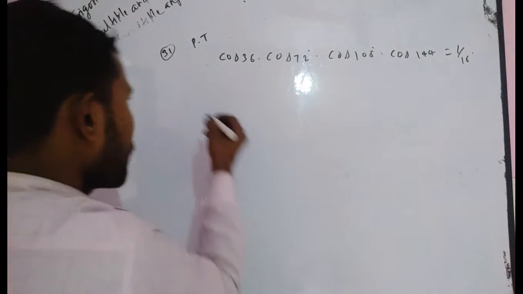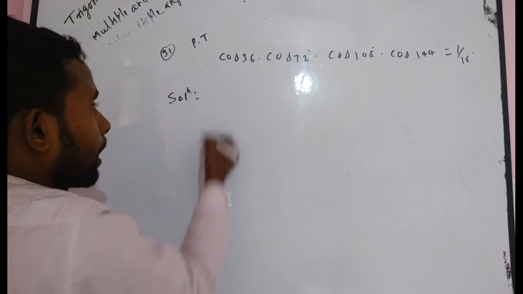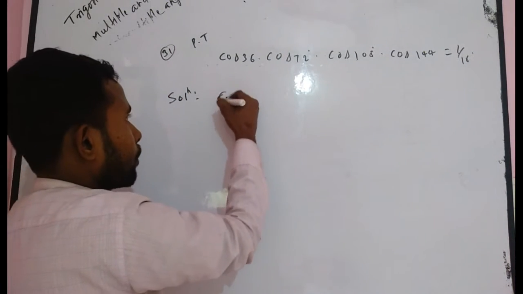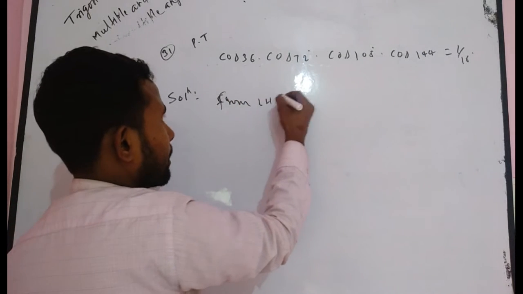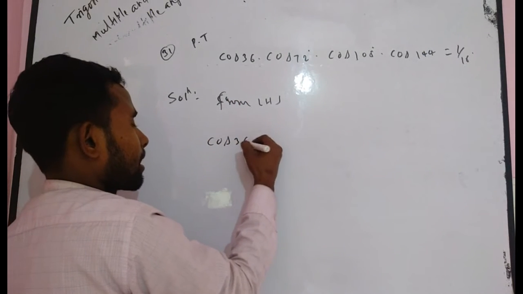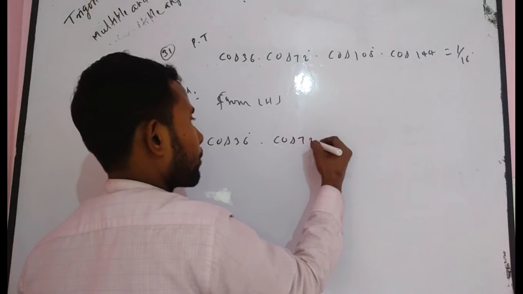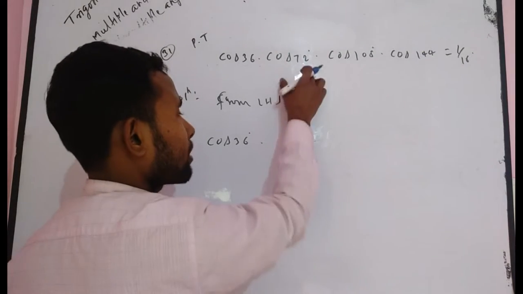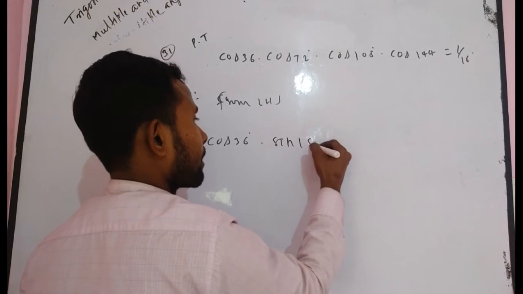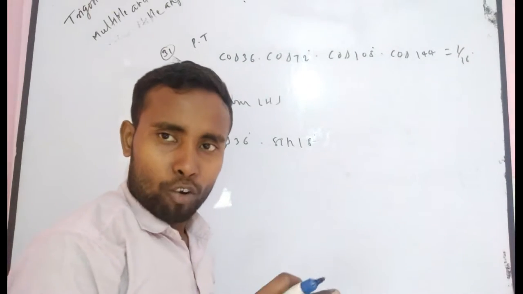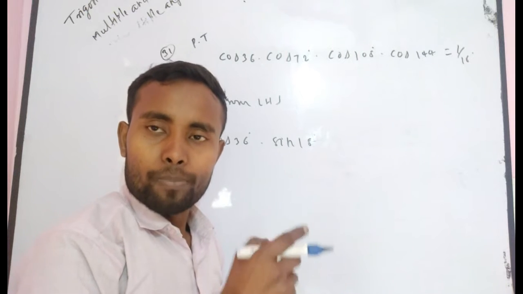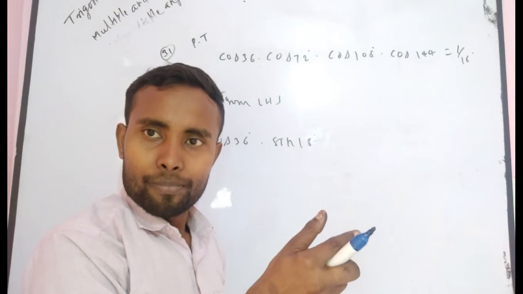I think this is also very easy for you. How? Firstly see here, from LHS cos 36 remains the same and cos 72 you have to change. You can write cos 72 is equal to sin 18. I want to tell you that sin and cos, tan and cot, sec and cosec of complementary angles are equal.